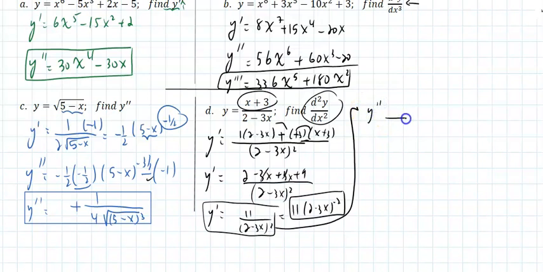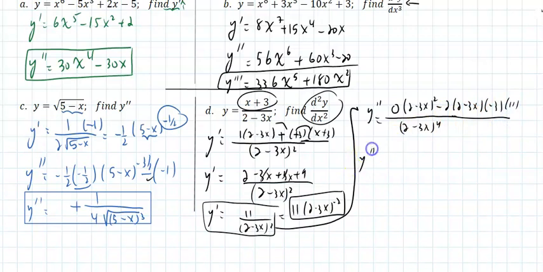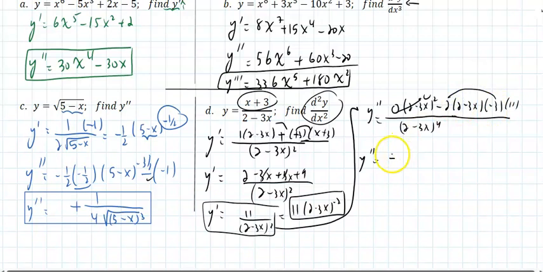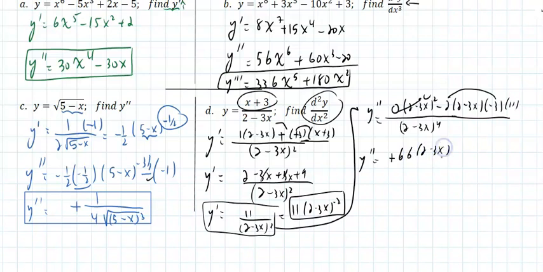The second derivative is going to be the denominator squared, derivative of the top is a 0 times the denominator minus derivative of the denominator times the top, and y double prime will be, that's a 0, that would be negative 6, negative times the negative is a positive, 6 times 2, 66 times 2 minus 3x.